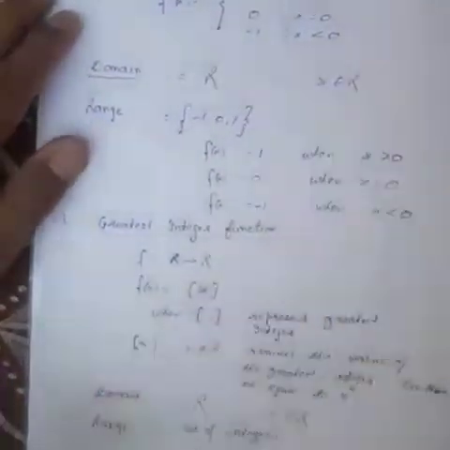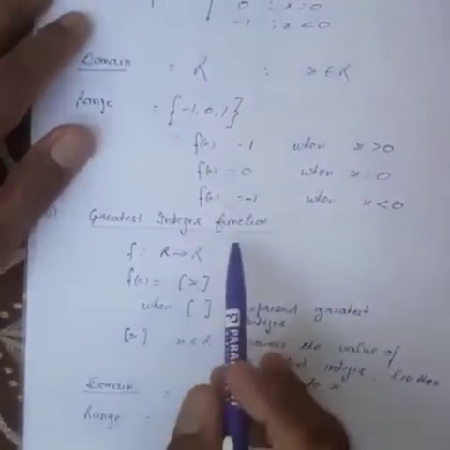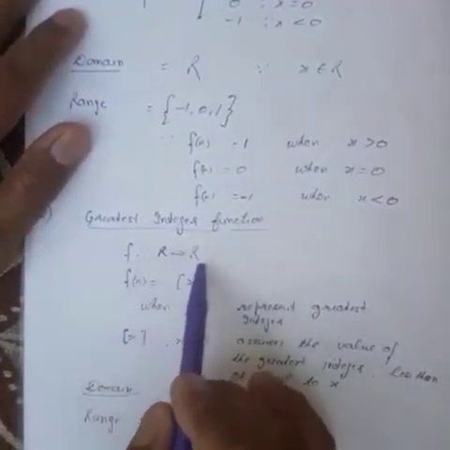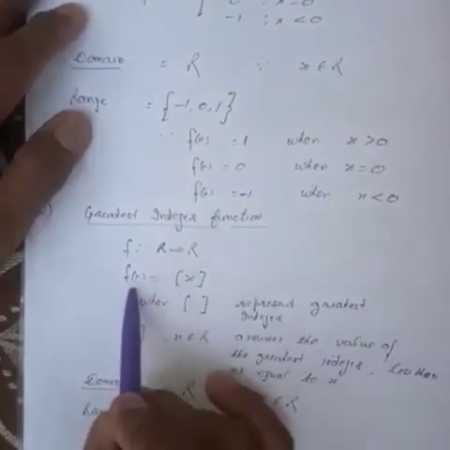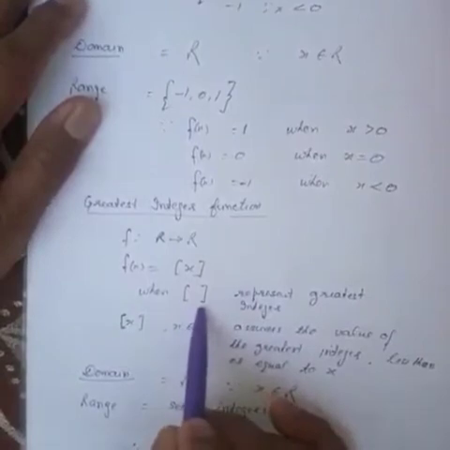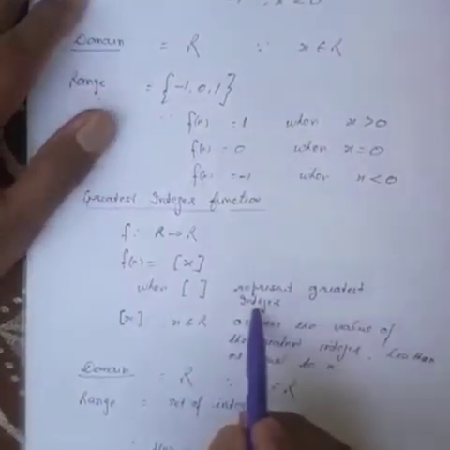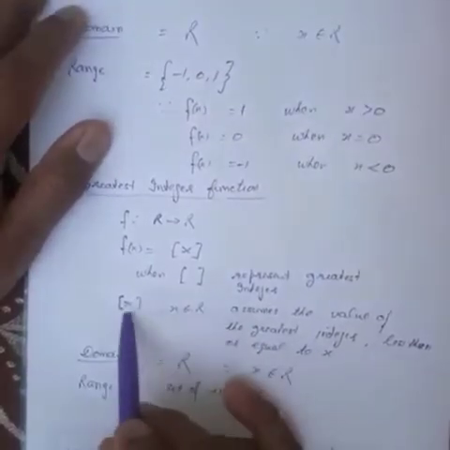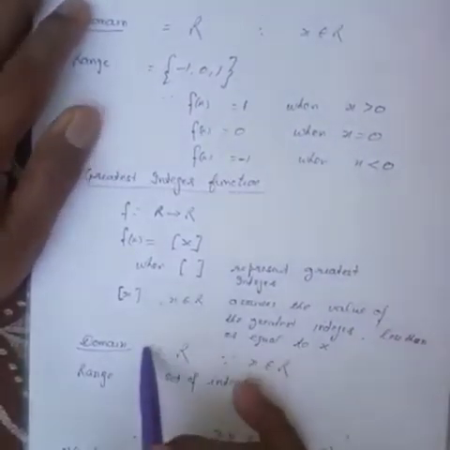Now the next type, the greatest integer function. You recall the definition. A function f from R to R is greatest integer if f(x) is equal to the greatest integer of x, where this represents the greatest integer function. Assume the value of the greatest integer should be less than or equal to x. Now what is the domain?